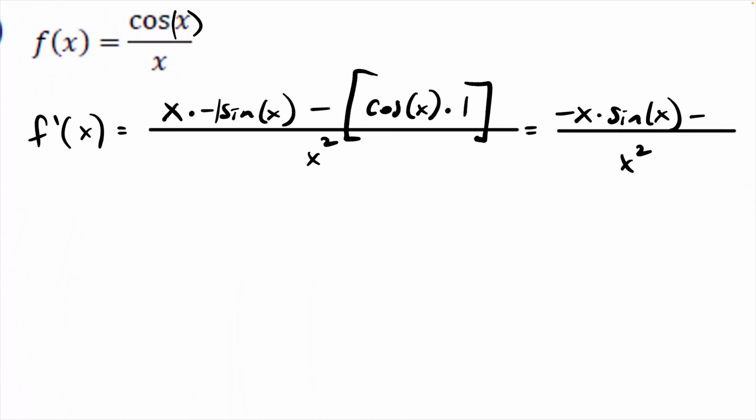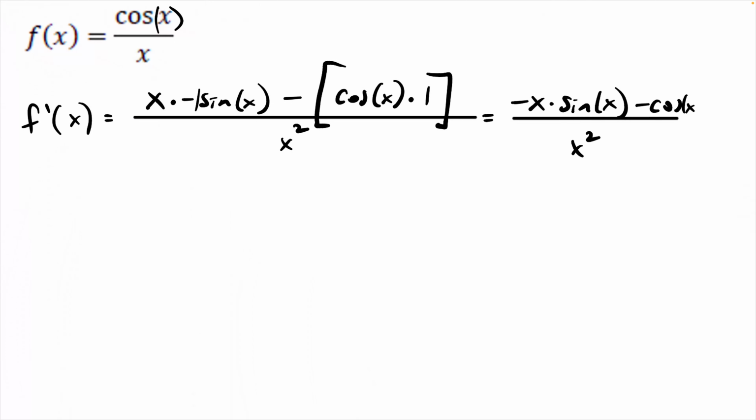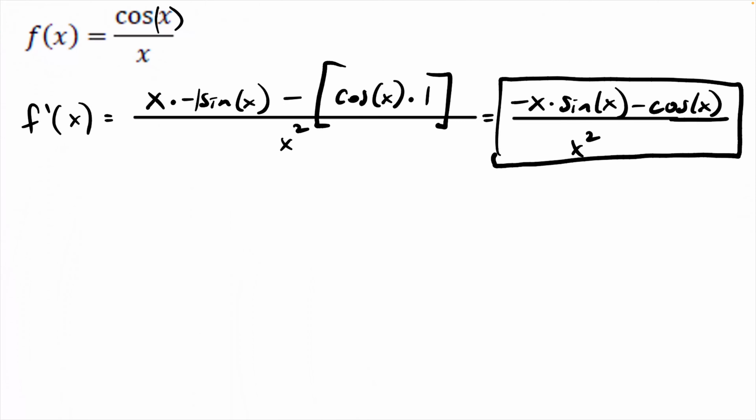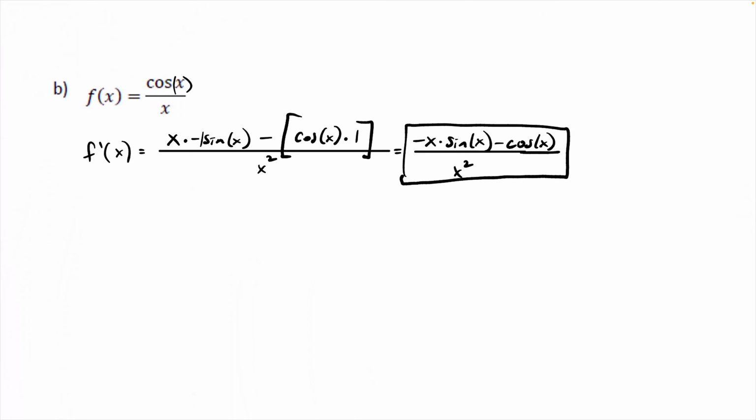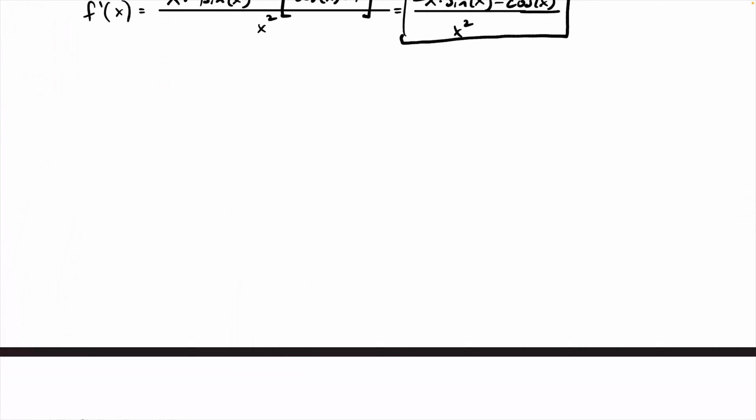So it's going to be minus cosine of x. All right, let's try the next one.